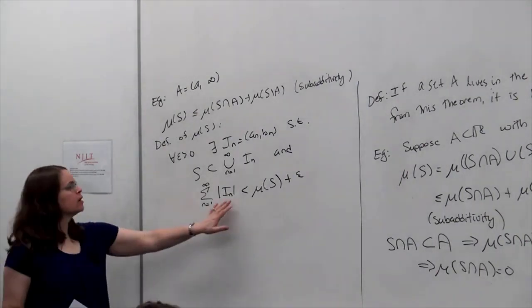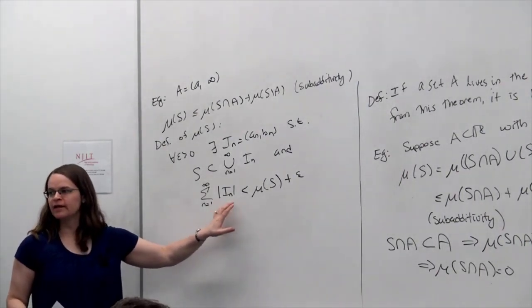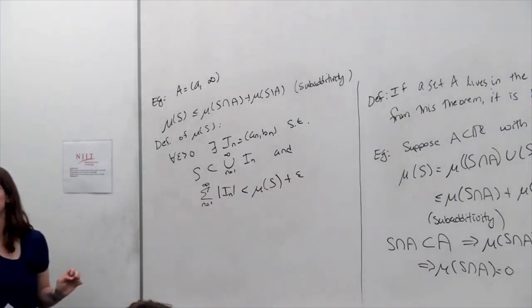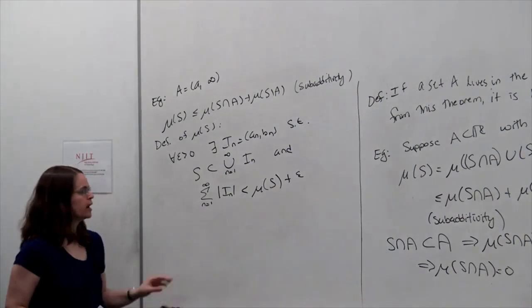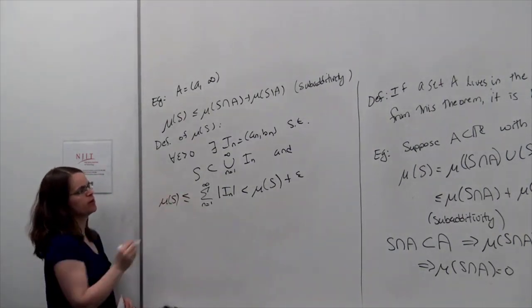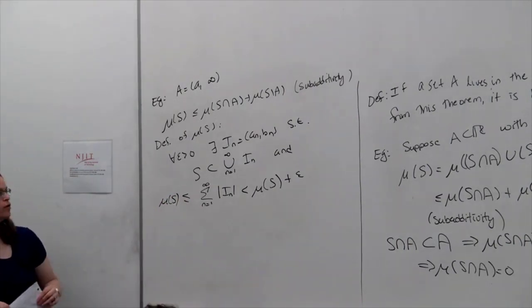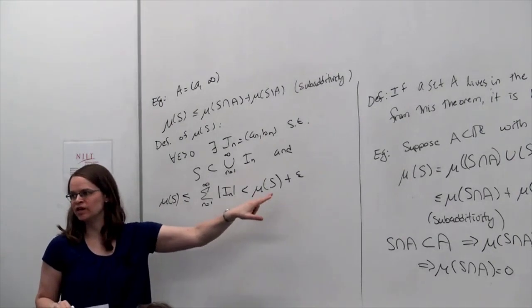We can never actually be less than the infimum, but we can be less than the infimum plus epsilon. And automatically, this is bigger than the infimum, so this direction is automatic. But the key is we can come within epsilon of this.